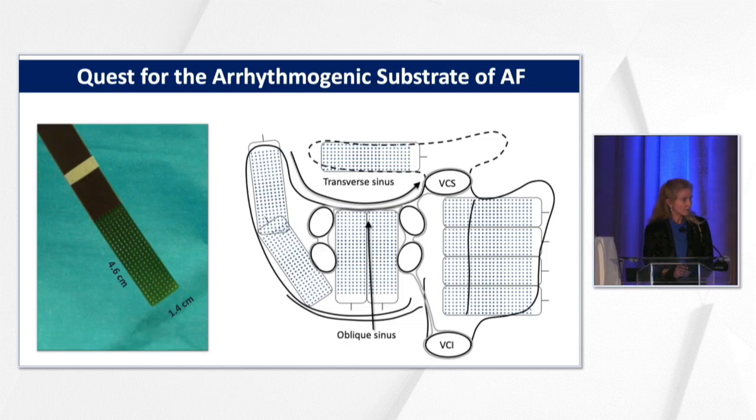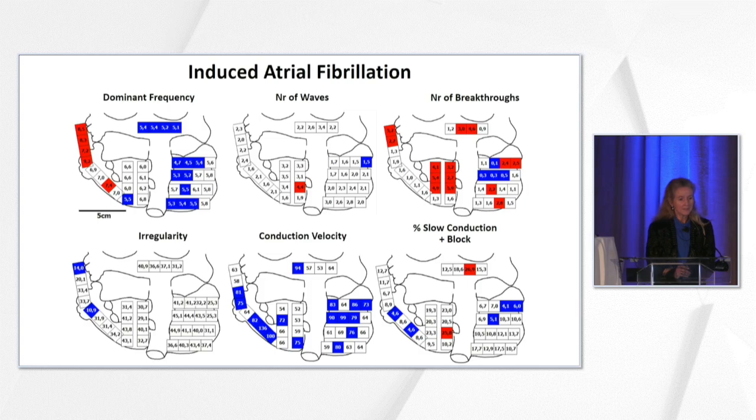So we have an electrode array which contains 192 electrodes. And we shifted from the right atrium across the left atrium, the pulmonary vein area, and also across Bachmann's bundle. And here is what you see.